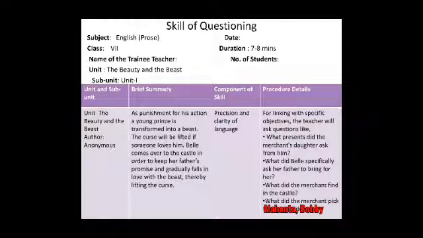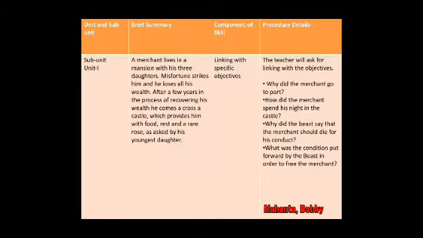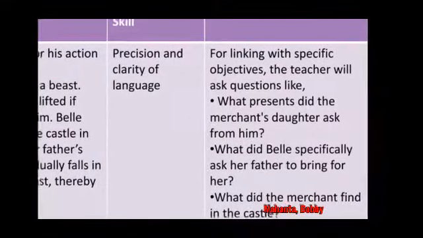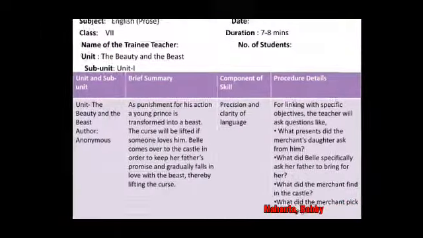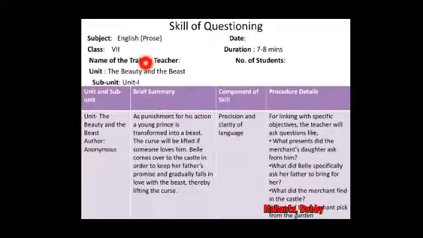Like, take for example, for linking with specific objectives, the teacher will ask questions like, what present did the merchant's daughter ask from him? Okay, so in this way the procedural detail can be provided by the respective student teachers, the trainees. Okay, so this is the format.